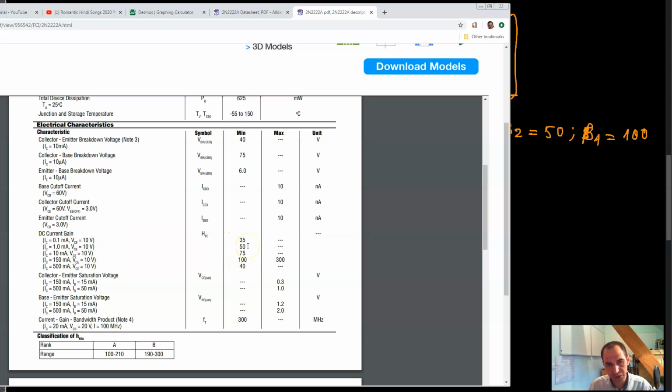So basically, you need to pick the voltage that's somewhere over here. The voltage has to also be equal to 0, which has not been given here.